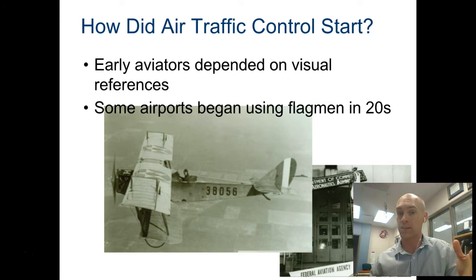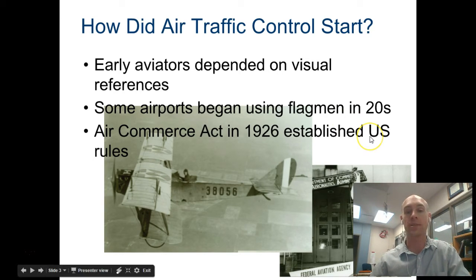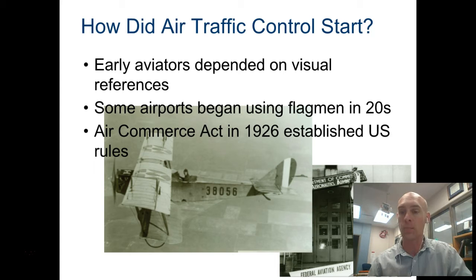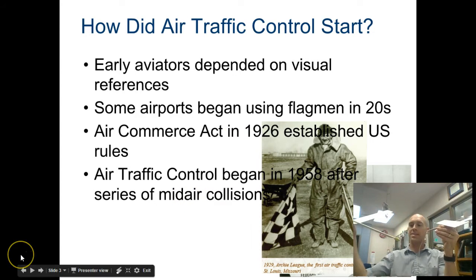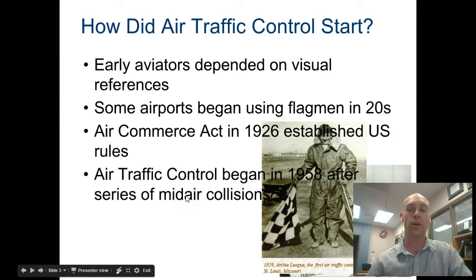There were very few planes in the sky, so it was not that big of an issue until the Air Commerce Act in 1926 established the United States rules. That was because there were more and more planes flying, still very few, and they started running into each other in midair. So air traffic control began in 1958 after they were tired of planes running into each other.